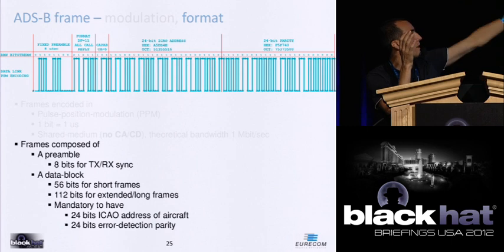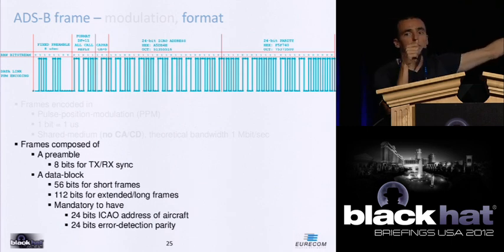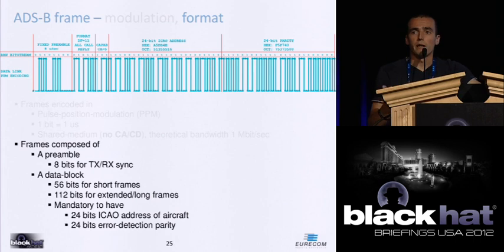There is also a mandatory 24-bit parity, which helps in detecting errors and maybe correcting some of the bits. But again, this parity is not a hash. It's not secure hashing. It's not intended to verify that the message is secure, has not been tampered with, or is being sent by a legitimate aircraft. This means that this parity can be computed by any attacker at any time on any frame.